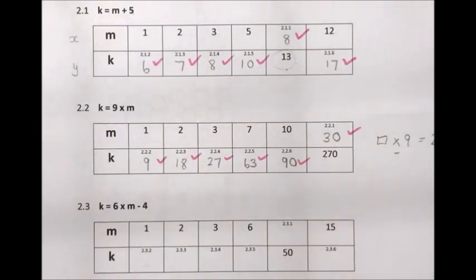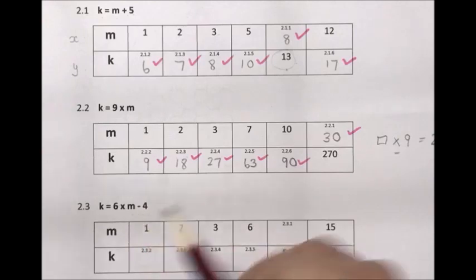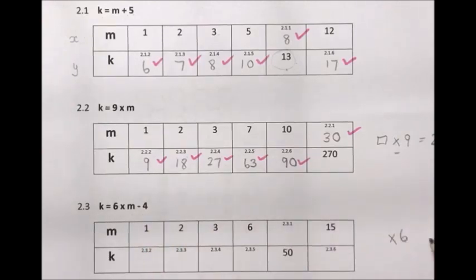Last example, 2.3, we have to use the rule 6 times M minus 4. So basically, times 6 minus 4.